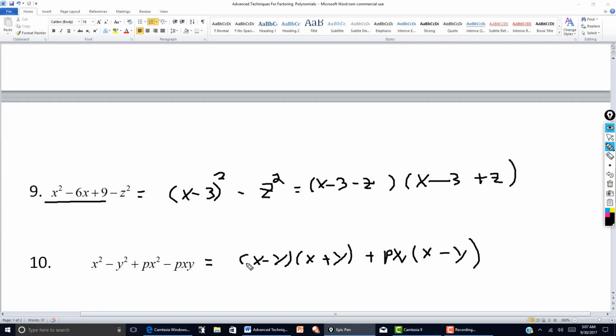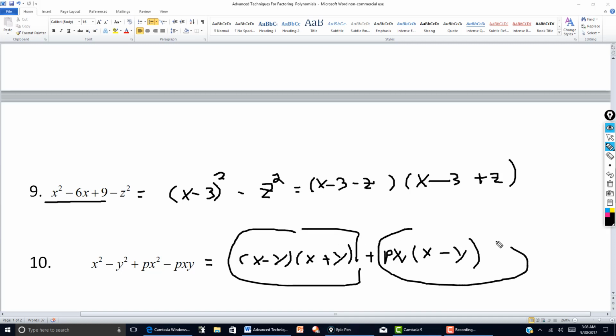Now look at that as 2 terms having a common factor of x minus y. Look at this as 1 term, and this as 1 term, and they both have a common factor of x minus y. So I take the common factor of x minus y out.